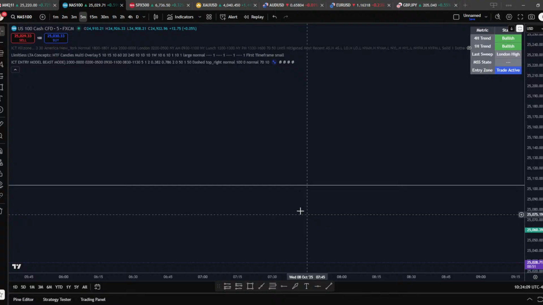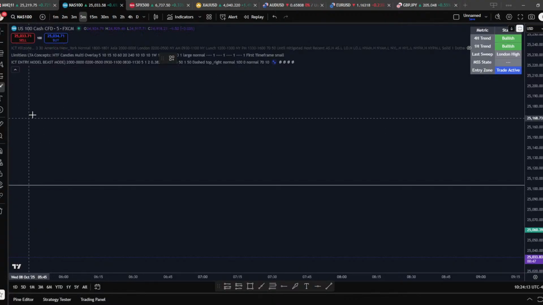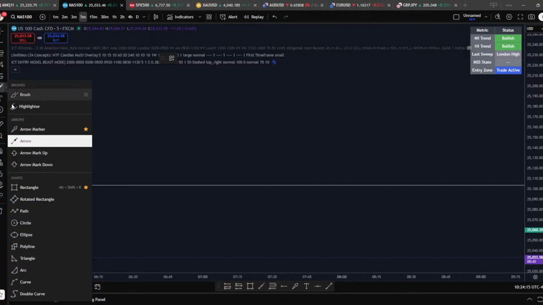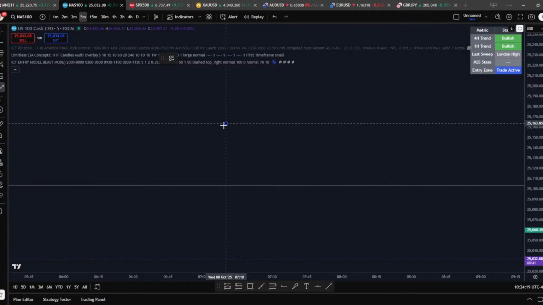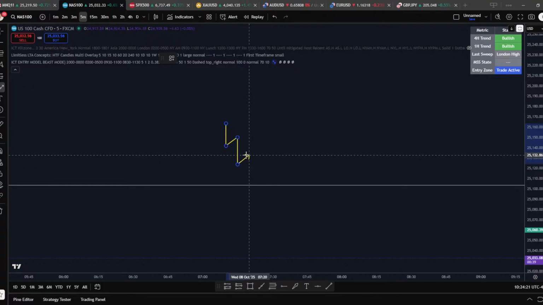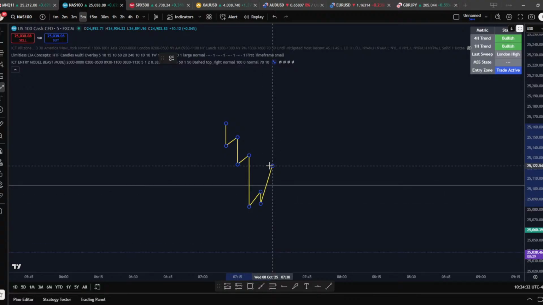So let's say this is the, what am I doing? Yeah, right. There we go, down. There. Okay. It creates a fair value gap, does this, and then inverses.